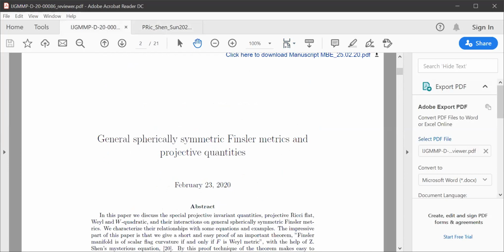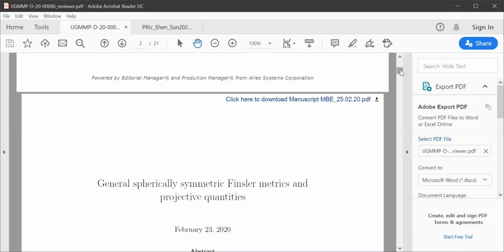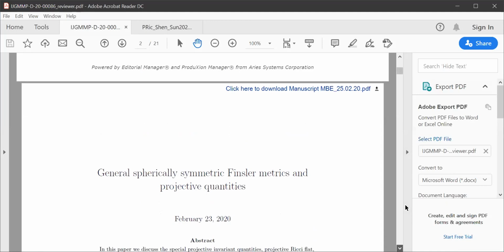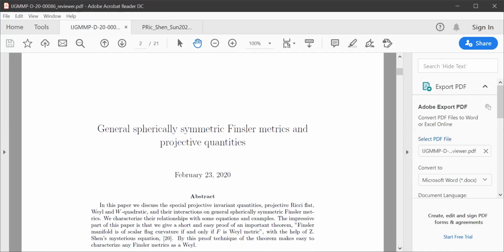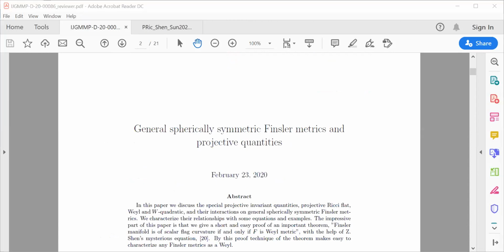Let me stop sharing and share again. Okay, this is another paper. The title of this topic is General Spherical Symmetric Thin Symmetries and Projective Quantities.